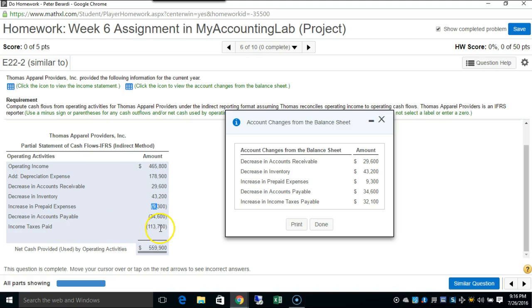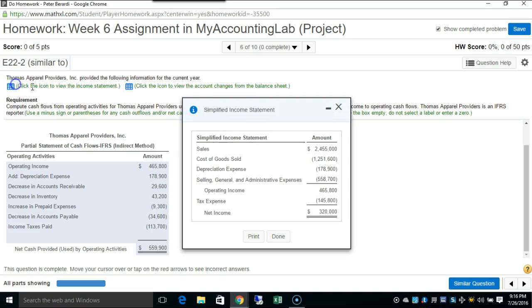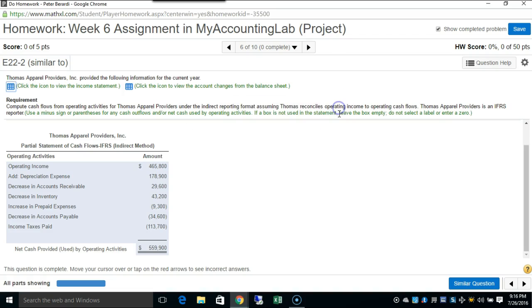To get this income tax paid, we're going to go back to the $145,800 tax expense that's on our income statement.